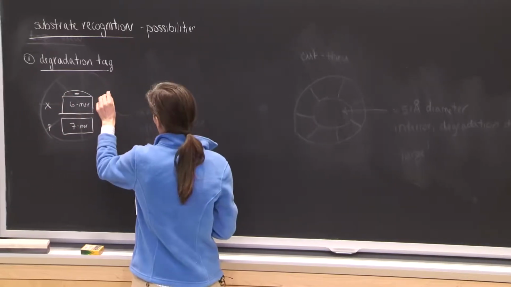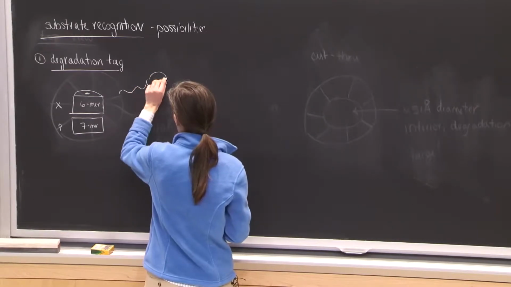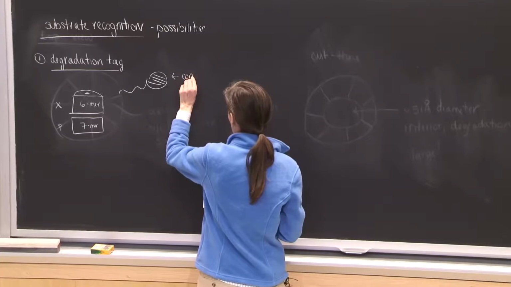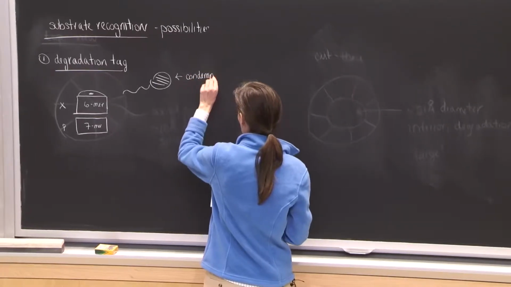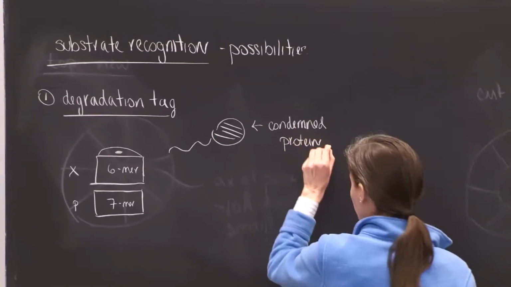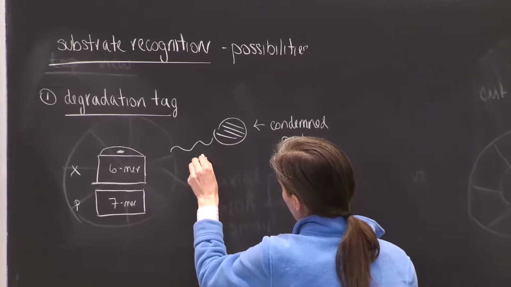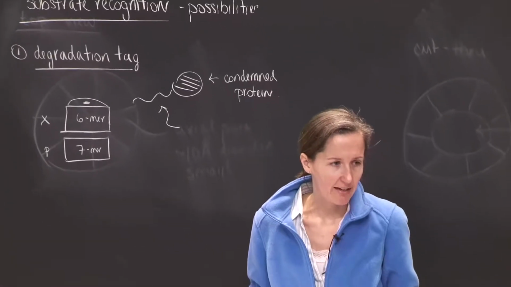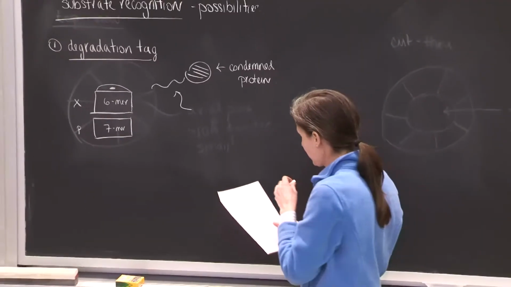Okay, and we have some condemned protein, which I'll just draw as a circle. So the cell no longer wants this protein, it needs to go away. Okay, and we can imagine, as one possibility, that a degradation tag can be attached to this polypeptide.